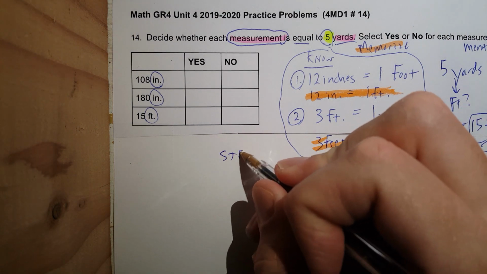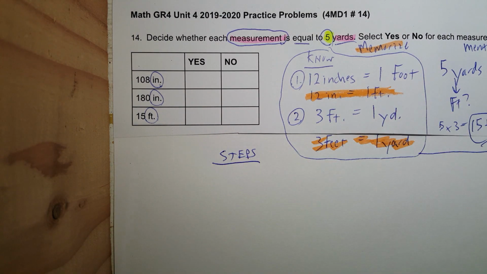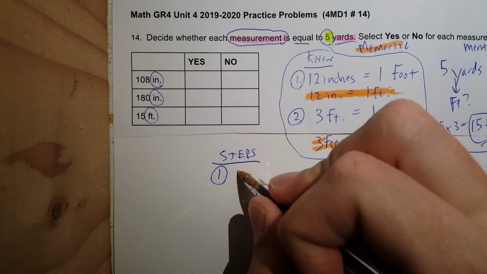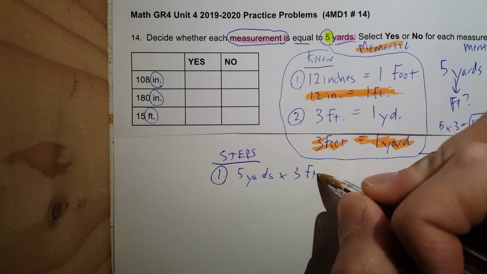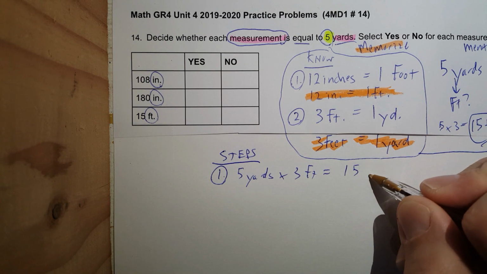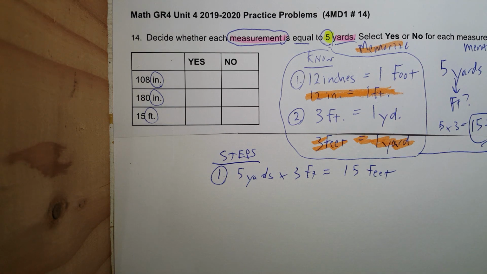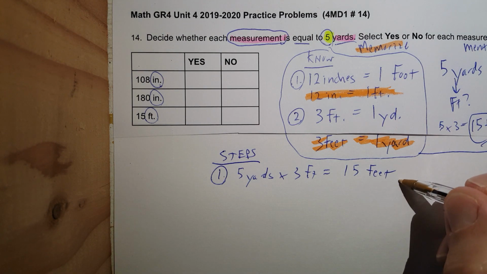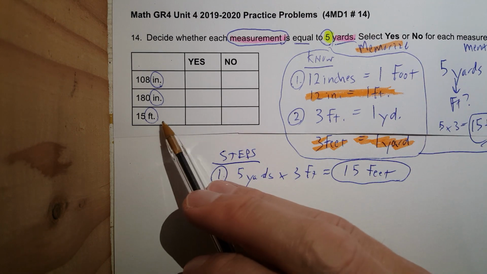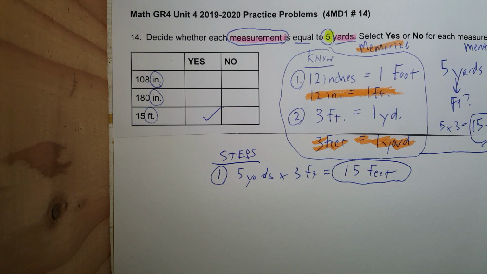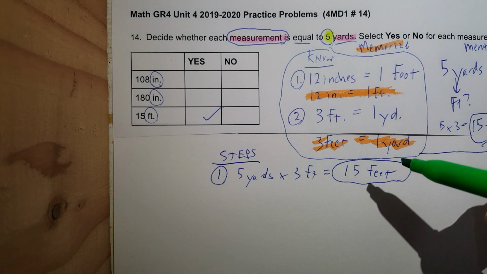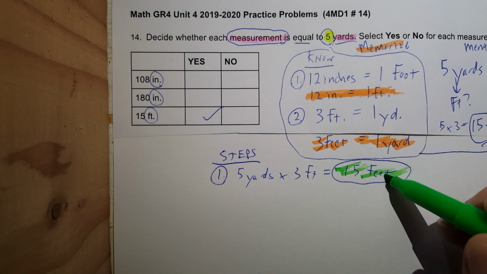So, steps. Step number 1. 5 yards times 3 feet equals 15 feet. Okay. Look, right away, that's one of our answers. So I'll put that in green. So I know 5 yards is equal to 15 feet.